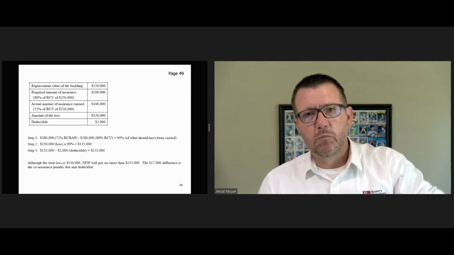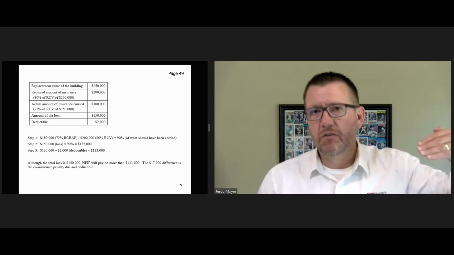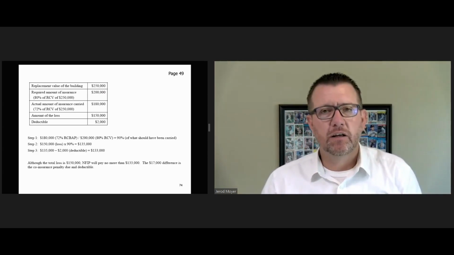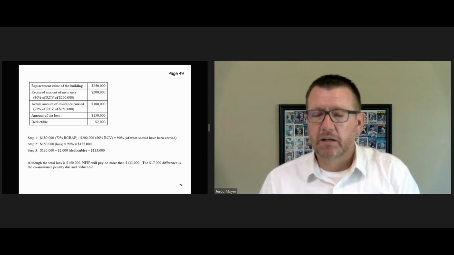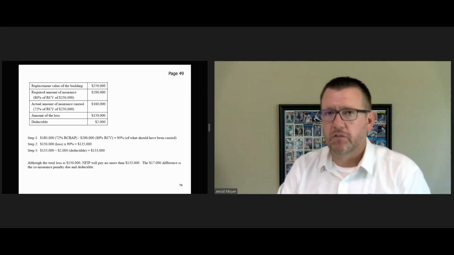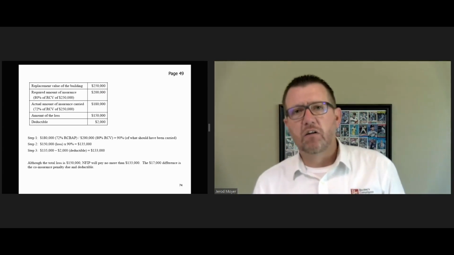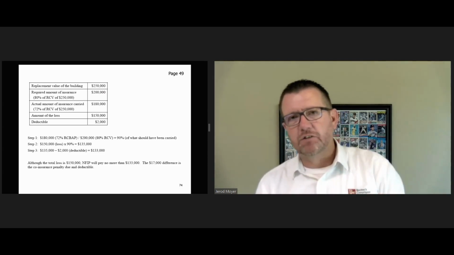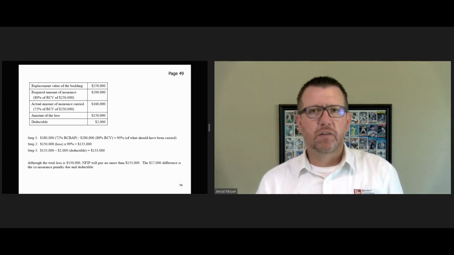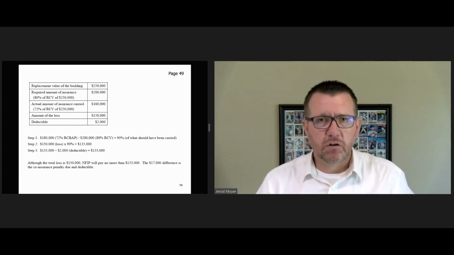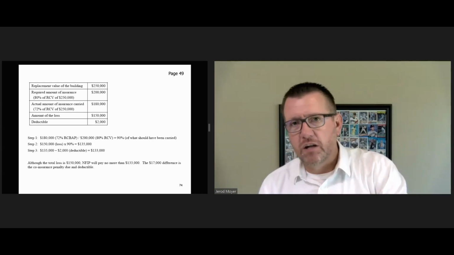That difference between what they think they have from a full coverage standpoint in the event of a loss and what they actually get, that's called a coinsurance penalty. That's not the only thing that's going to fall out of their back pocket. In addition to the coinsurance penalty, they're also going to have to come up with the deductible. So on the $150,000 loss, the check that they're going to get from the insurance agent is only $133,000. That $17,000 includes a $15,000 coinsurance penalty plus a $2,000 deductible.